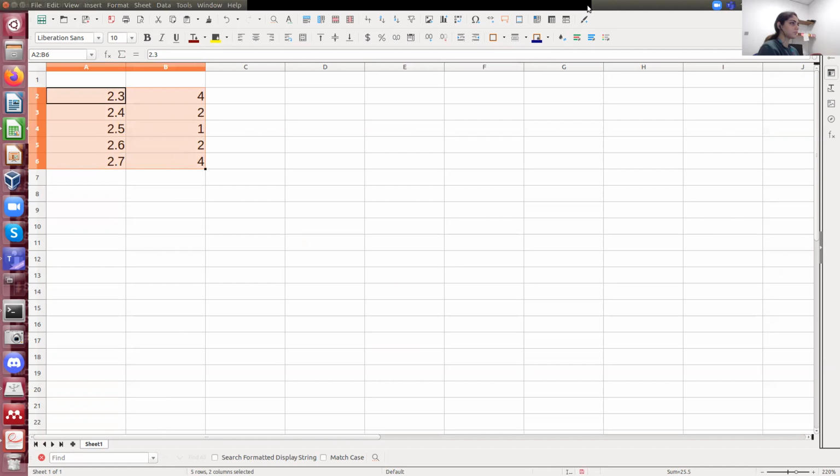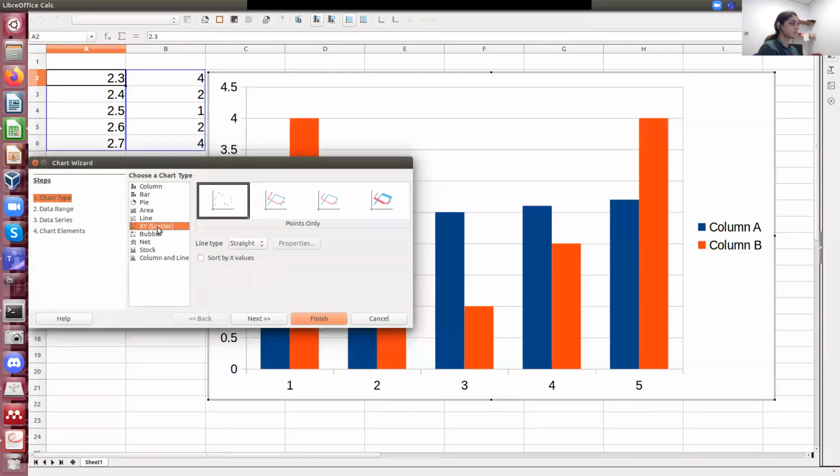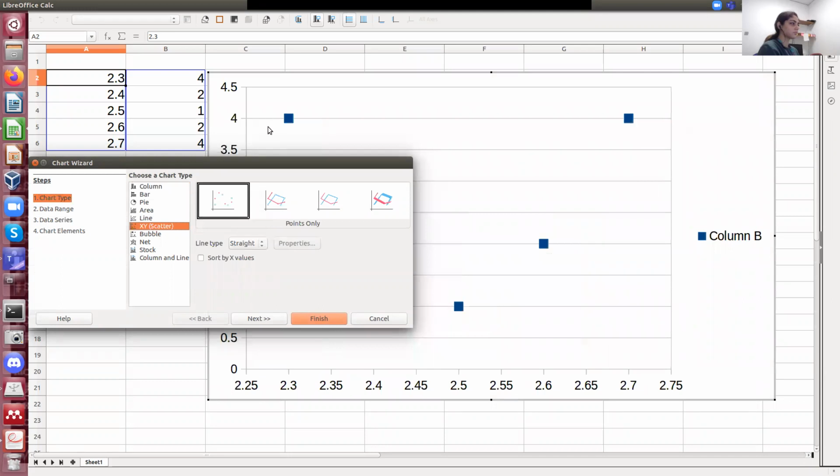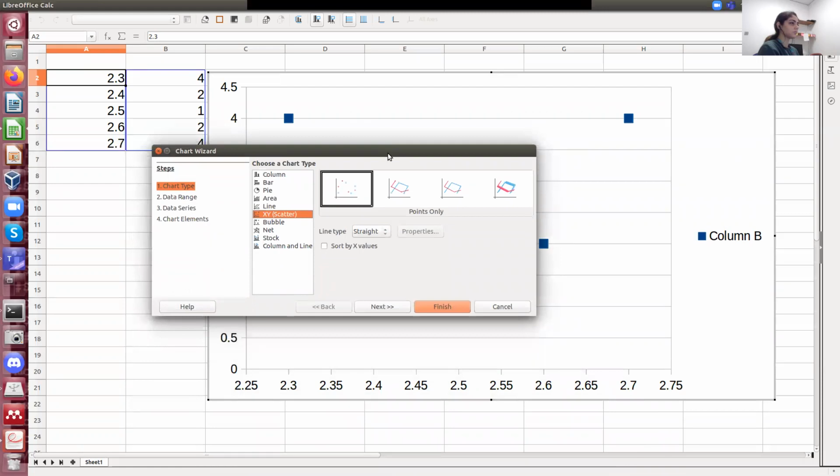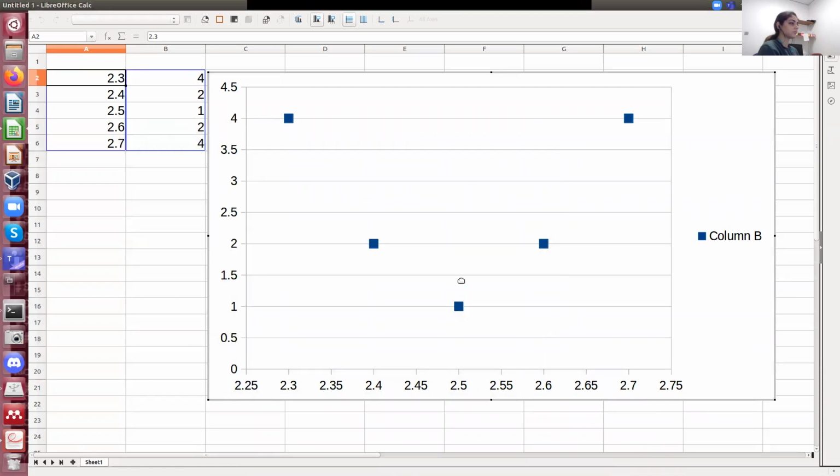I'm sure that you can do that, but just in case, you go to chart, scatter. You see that this is not a very good quadratic fit, but still not too bad.